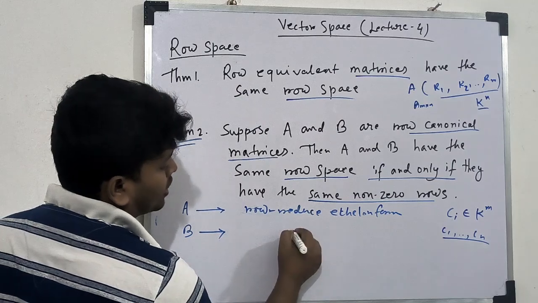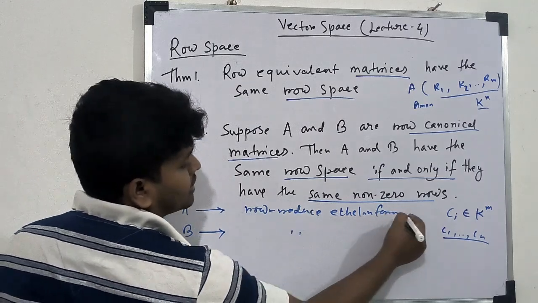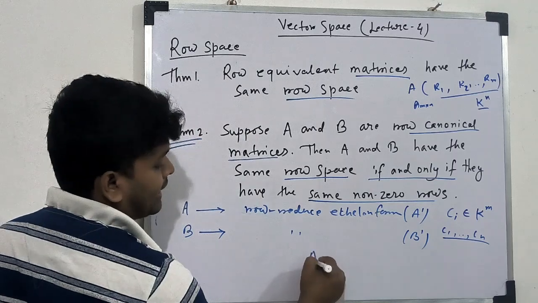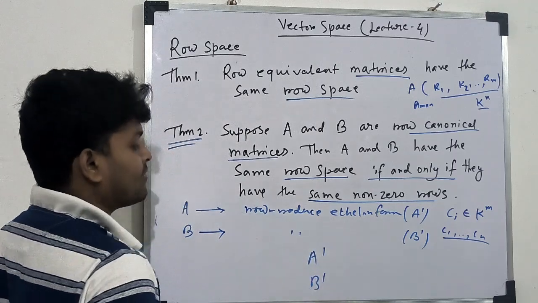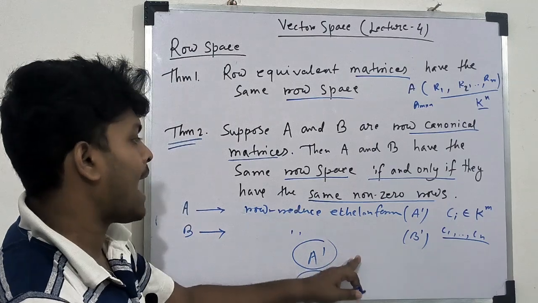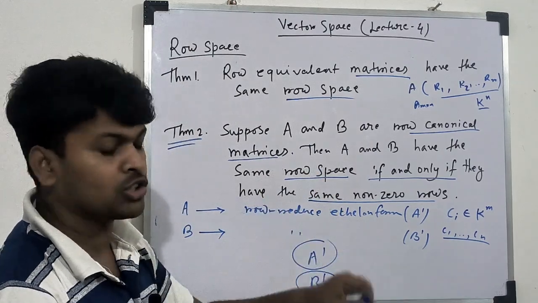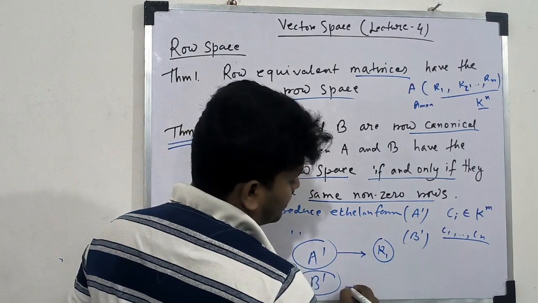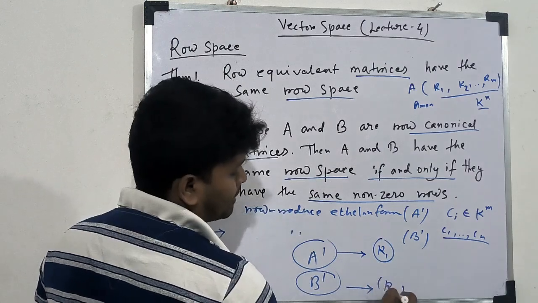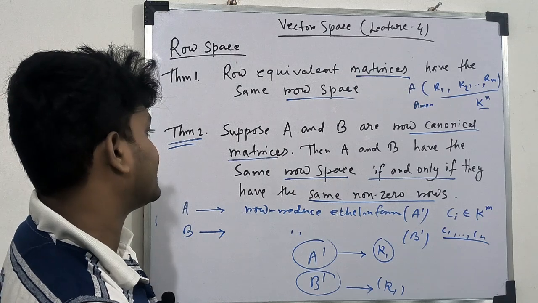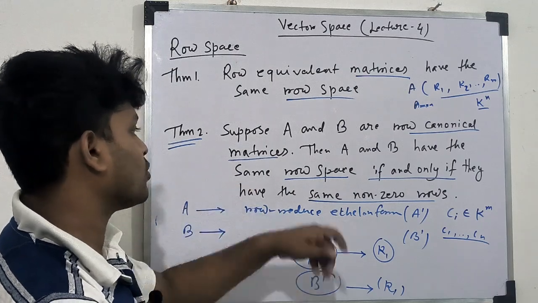Similarly, write B in row reduced echelon form. If this is A dash and this is B dash, and these two row canonical matrices have the same non-zero rows, so that a row R1 is similar to the row in B dash, then we say A and B have the same row space.